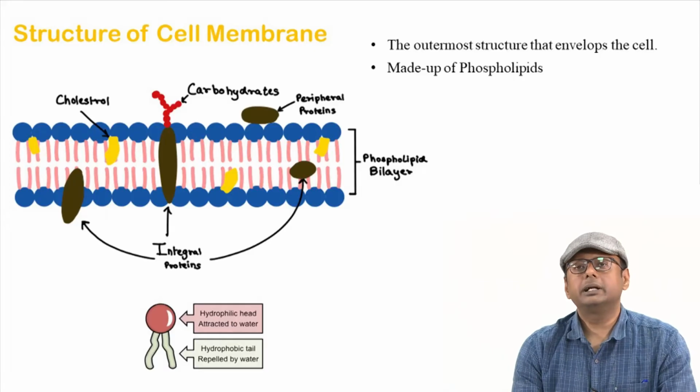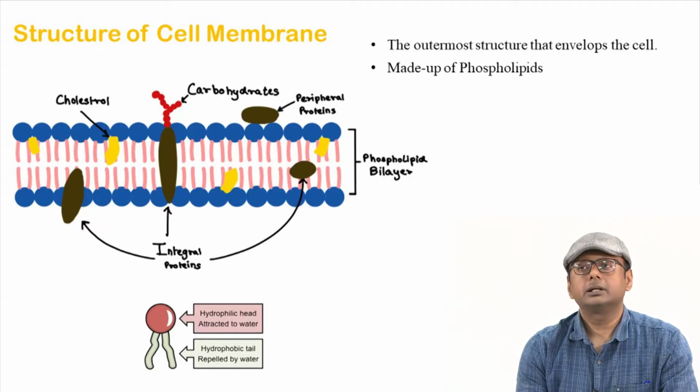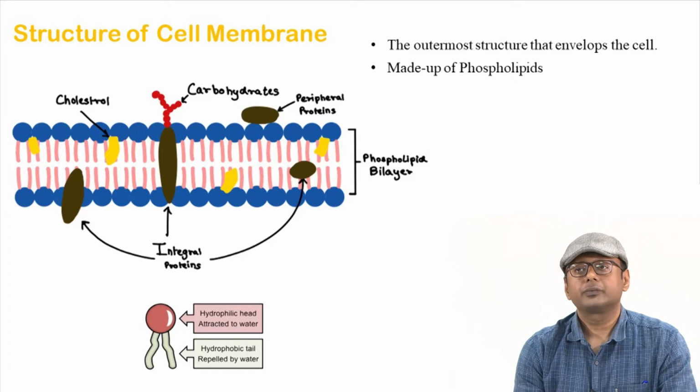Interestingly, this is a lipid bilayer structure. You can see a hydrophilic head, which is attracted towards water. At the outside and inside parts of the cell membrane you will see this hydrophilic part, and in between a non-polar component, which is a hydrophobic tail.